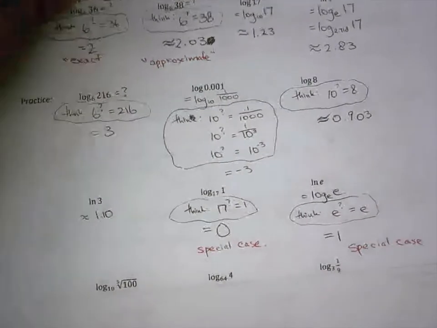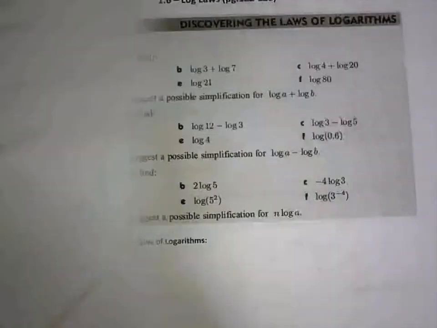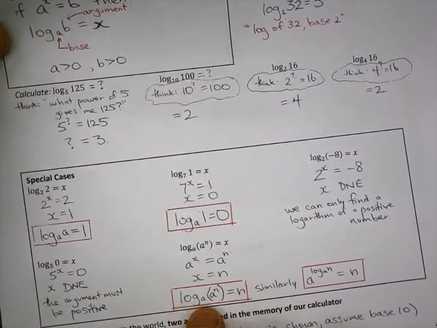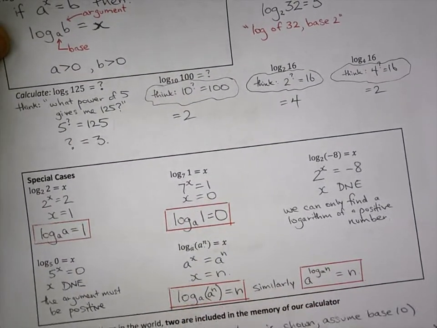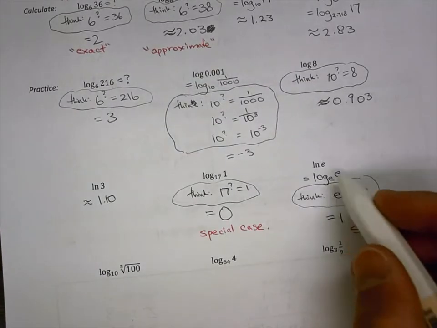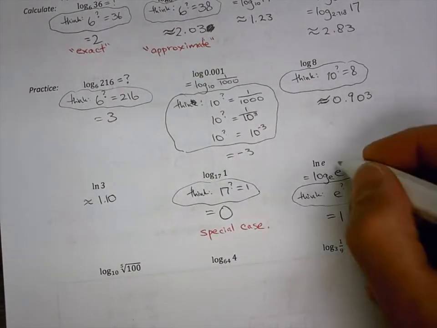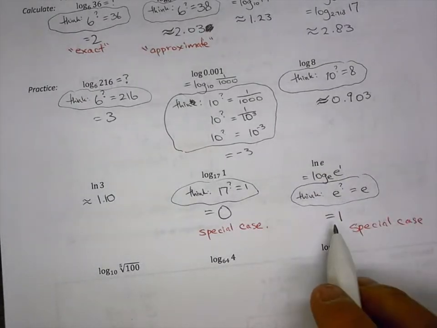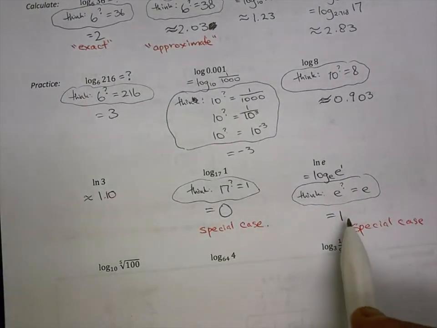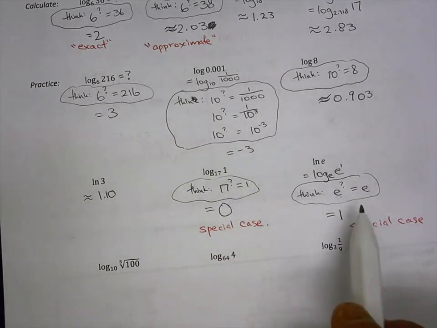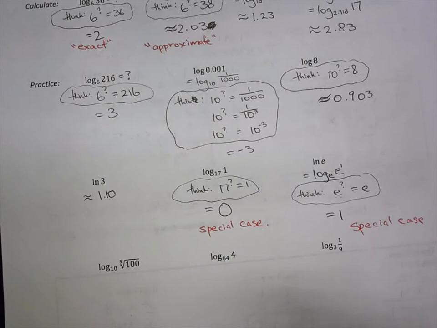If you have a log where the base of the log is the same as the base of the exponent, then you just take the exponent as the answer. So in this case, I had e base e, and you cross these out, they undo each other, and you're just left with 1. Again, if you don't like memorizing the special cases, you can just go back to the definition of a logarithm, write out that little thinking line, and you can figure it out.